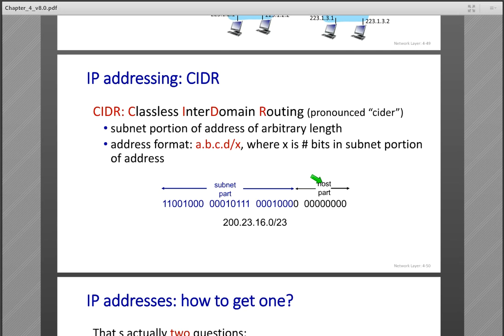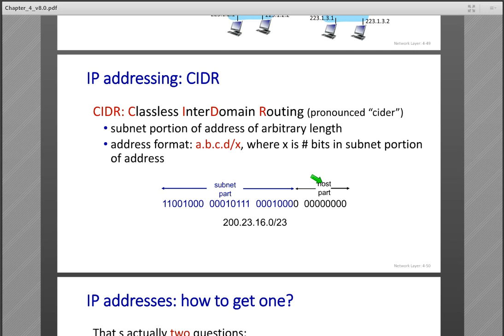Using this strategy to determine the number of bits for host ID or net ID, we can present a new concept in IP addressing, which we call CIDR, or classless interdomain routing. What is CIDR?